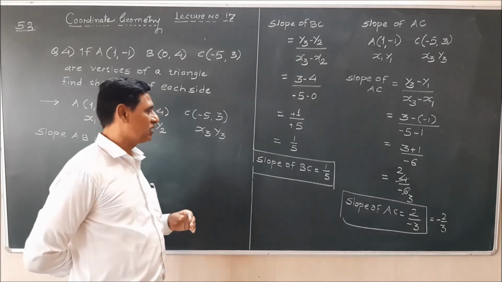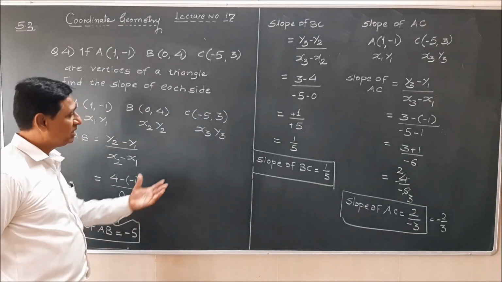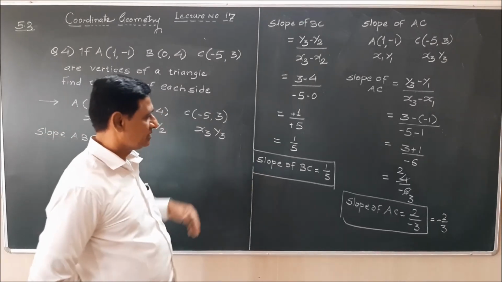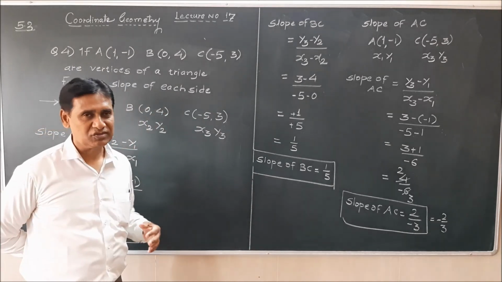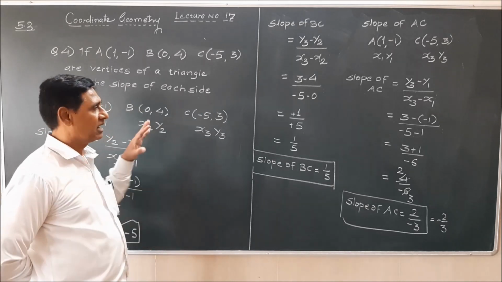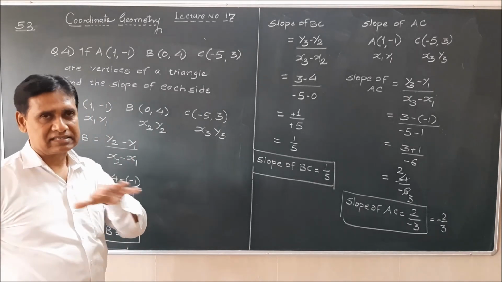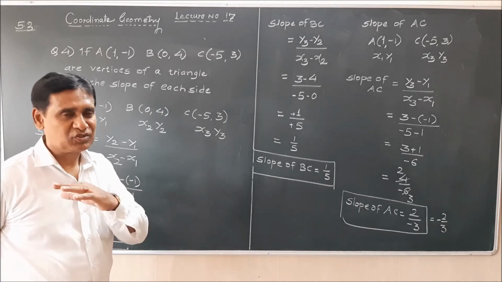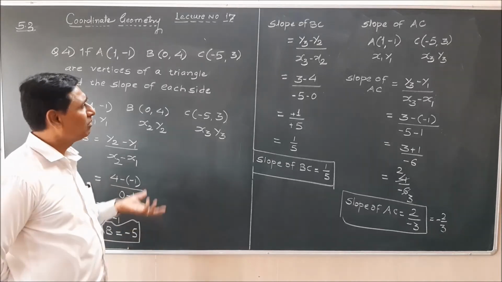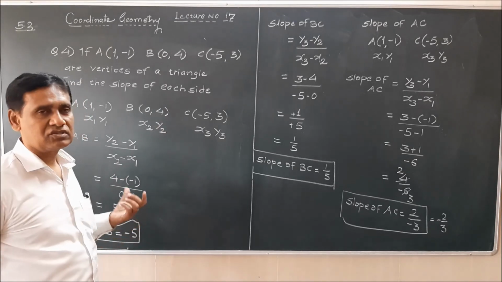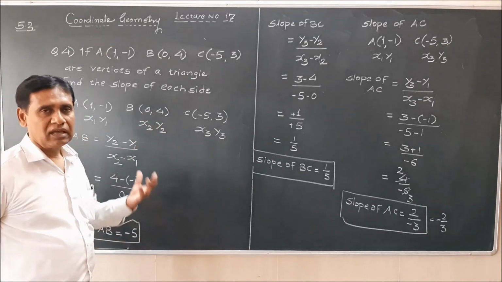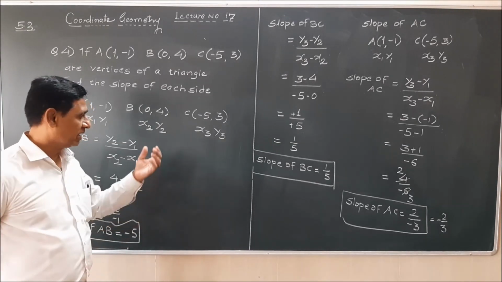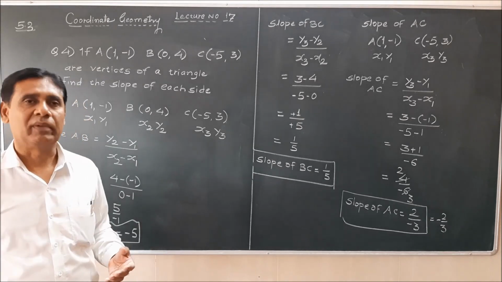So what conclusion can you draw from here? That AB and BC are perpendicular to each other, and if you join AC, then triangle ABC is a right angle triangle. But there is no need of giving any sort of explanation of that type. The only question is to find out the slope of AB, BC and AC. So we have got minus 5, 1 upon 5 and minus 2 upon 3.